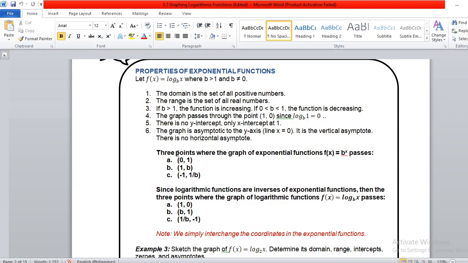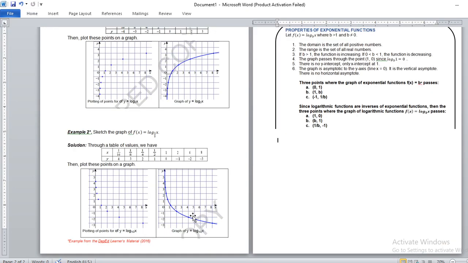Okay, next. The graph is asymptotic to the y-axis. Okay, it is the vertical asymptote. There is no horizontal asymptote. So let's look again to see if its asymptote is the y-axis. Yes, it's true.